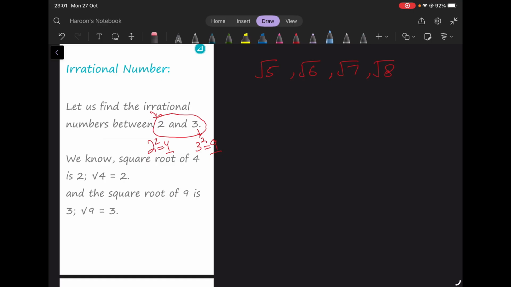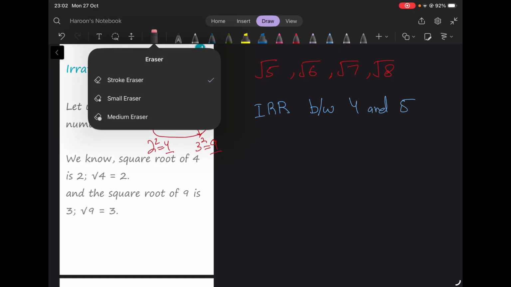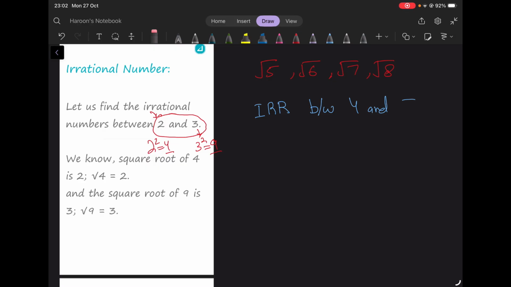So let's say they are asking you to find all the irrational numbers between 4 and 5. This should be simple now. What we do over here is, we take the square of the minimum number. The minimum number over here is 4. 4 squared is equal to 16, and we take the square of 5. 5 squared is equal to 25.